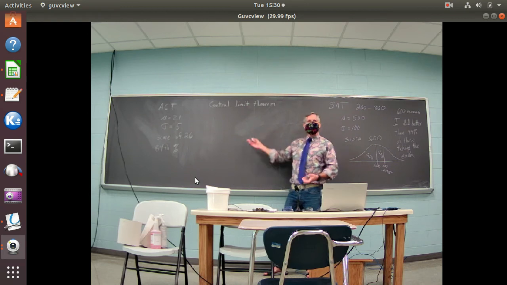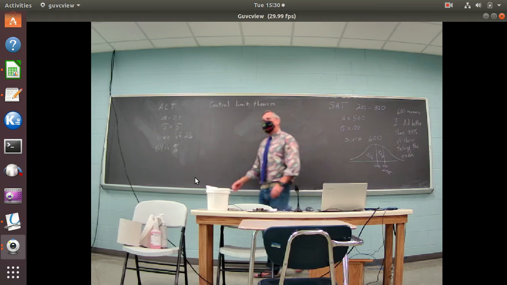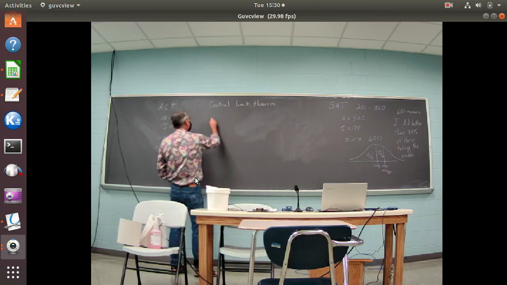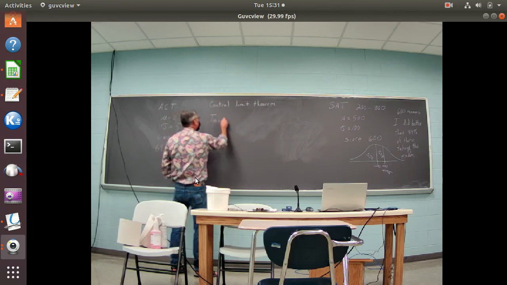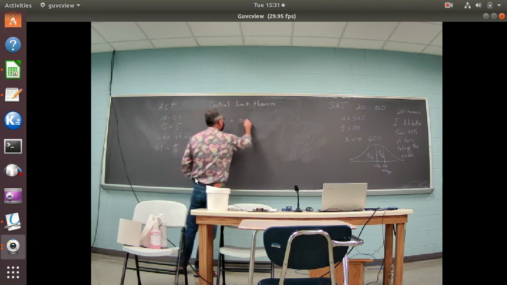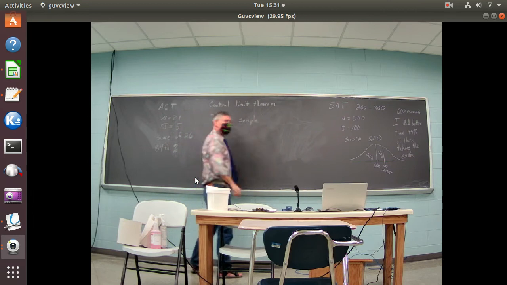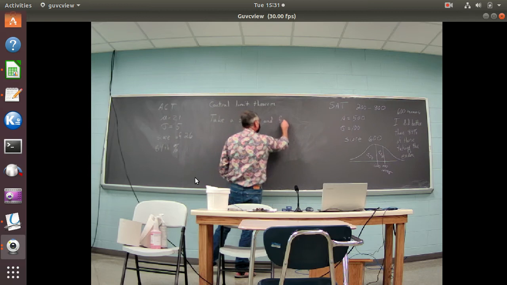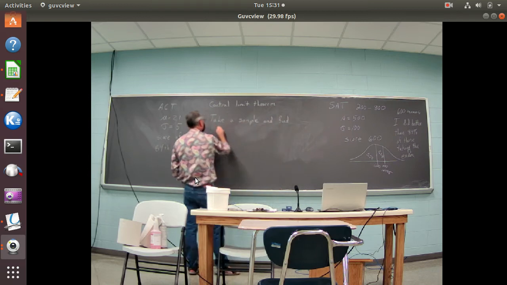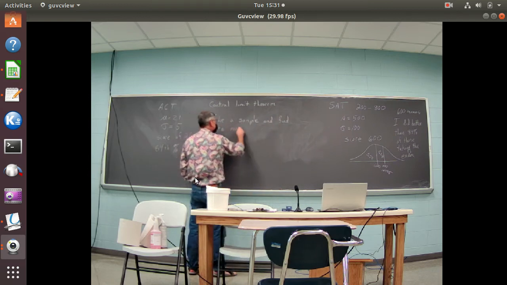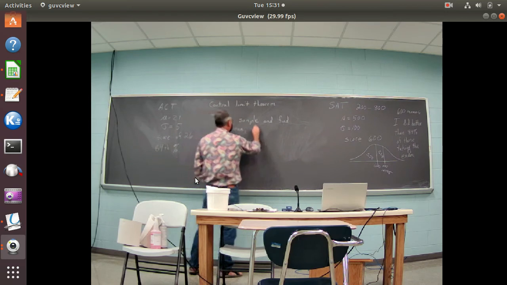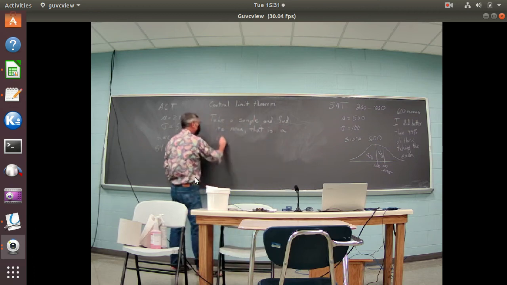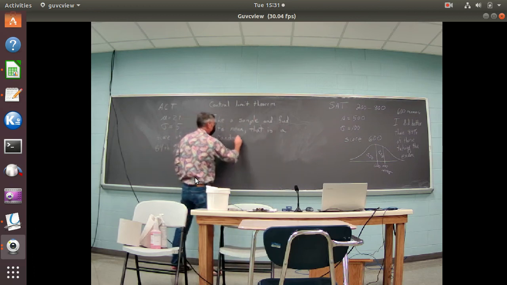And the central limit theorem pretty much says that if we take a sample, and find its mean, that is a random variable.